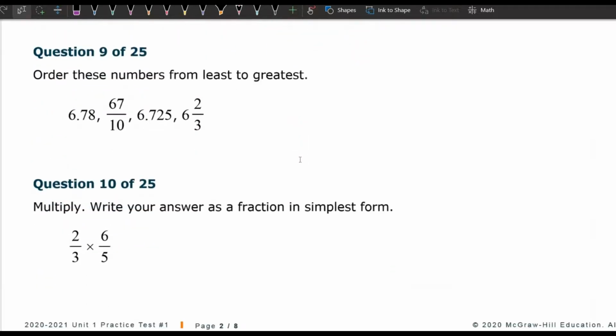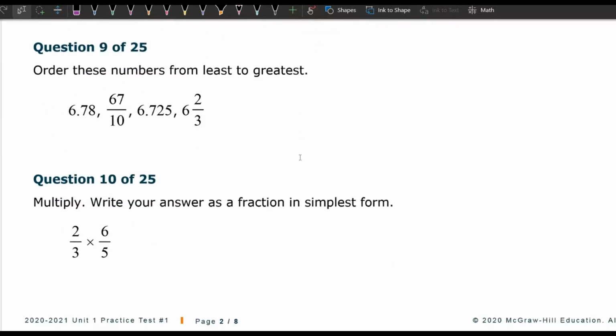Alright, number 9. The easy way to do number 9 is to write them all as decimal numbers. So this will be 6.78. That's the first one. 67 divided by 10. I can use a calculator, or just divide by 10, which means you move the decimal point forward one time. That will be 6.7. Over here is 6.725.